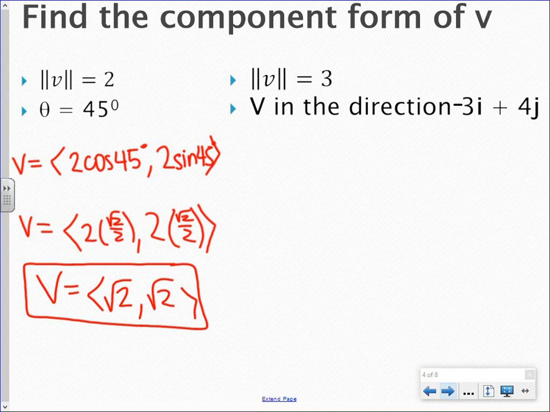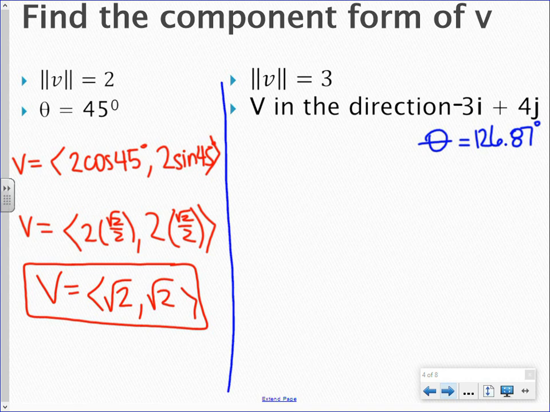Grace, what do you have for the direction angle? 126.23. And what did you do to get that? From 4 over -3.